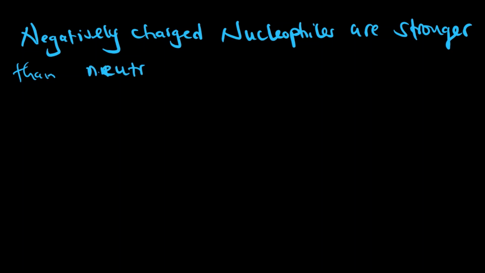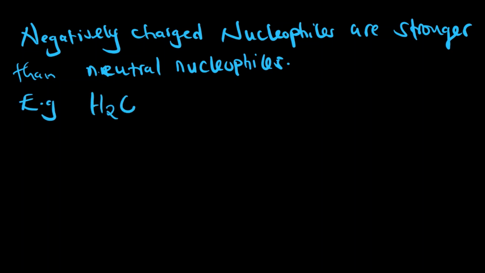Neutral nucleophiles are just those nucleophiles that have got electron pairs but are not negatively charged. Okay, so for example, if I take water, this is a nucleophile because it has lone pairs of electrons, and I take hydroxide. Between these two, hydroxide is stronger. Why? Because hydroxide has got a negative charge there, unlike water.